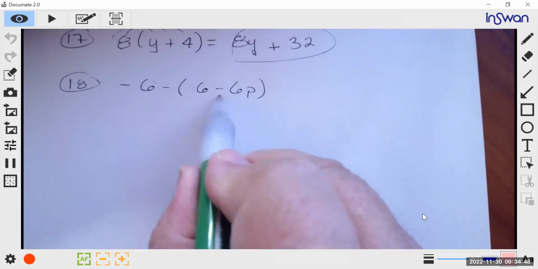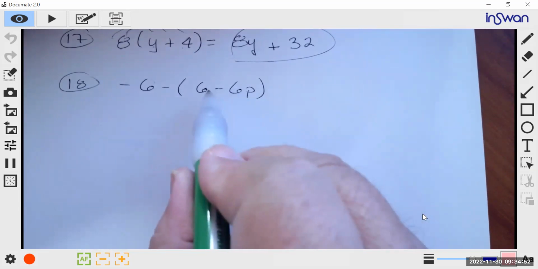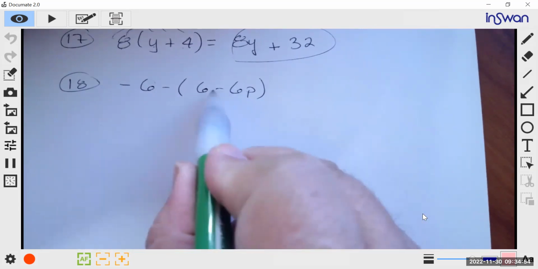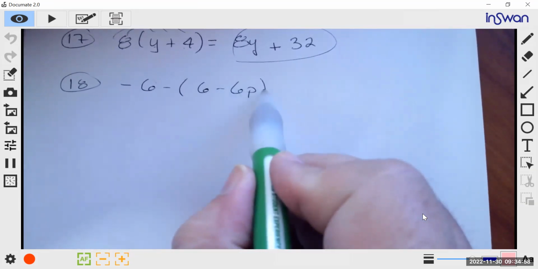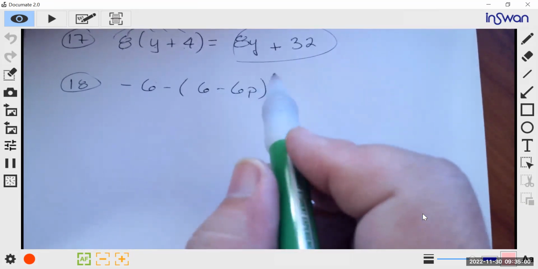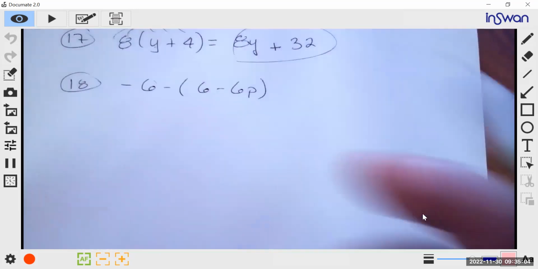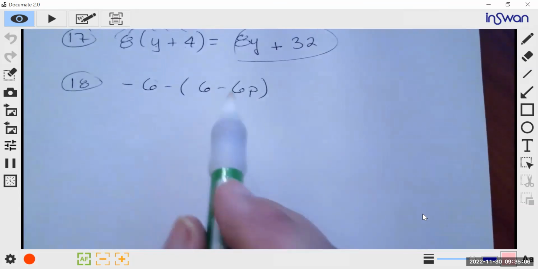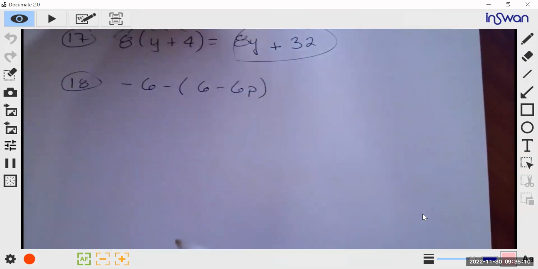Can we do anything inside the parentheses? This is like apples and oranges. This is 6 and this is a 6p. They're not the same. If one of them has a variable, a letter or some object behind it, both of them have to. They're called like terms. So we can't combine them.